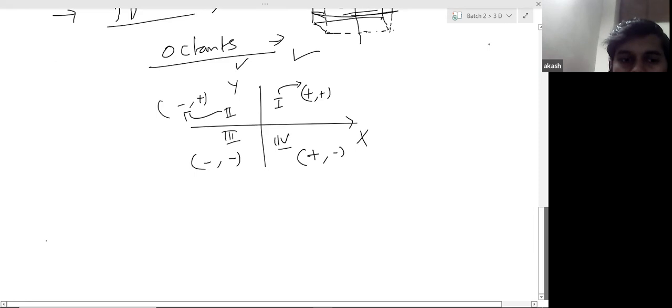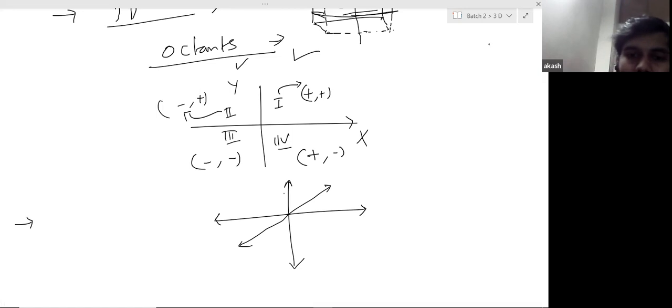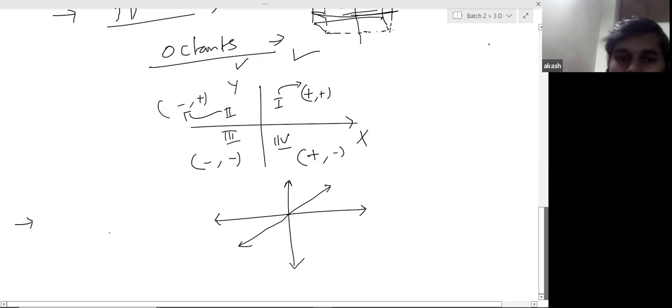Now in 3D, if you have 3 axes, these 3 axes divide the whole space into 8 equal parts. Suppose you have a cake.